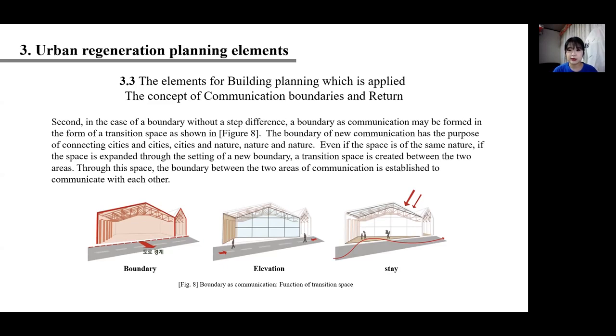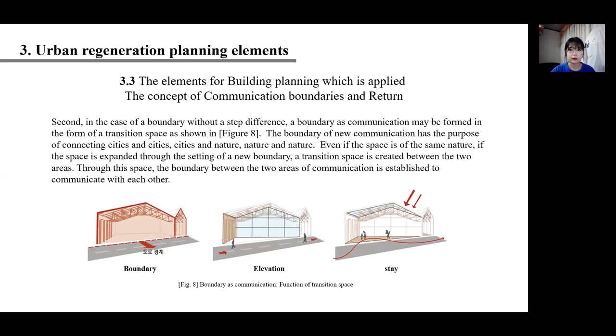Even if the space is of the same nature, if the space is expanded through the setting of a new boundary, a transition space is created between the two areas. Through this space, the boundary between the two areas is established to communicate with each other.